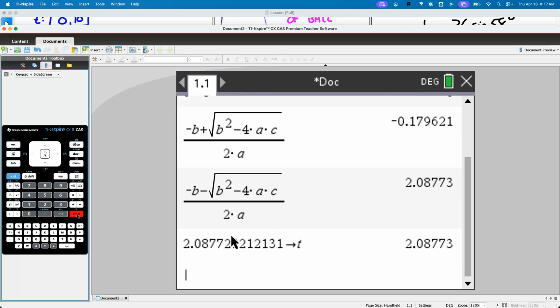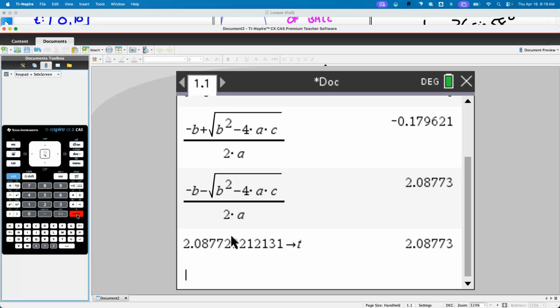Okay? The other option is you could use the answer part. Like on your regular handheld, like the TI-30s, you have that option too. ANS on the graphers is control, and then the negative key is the ANS key. Okay?